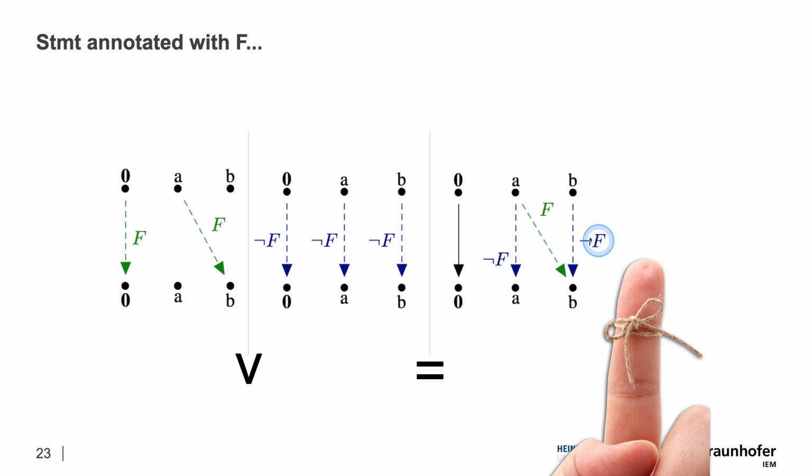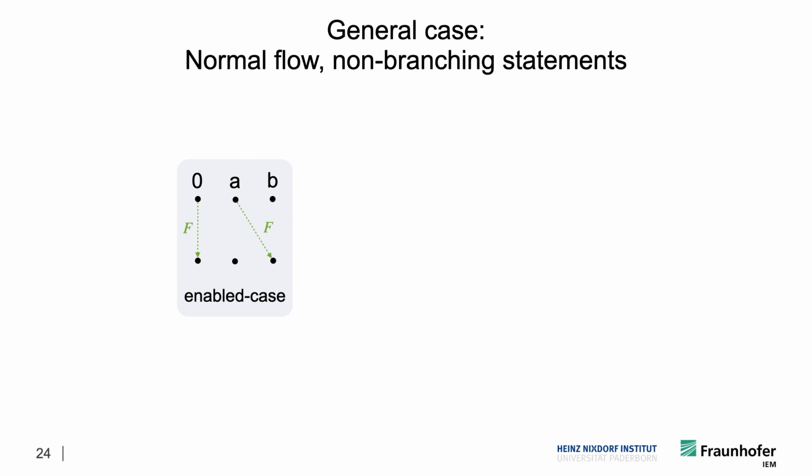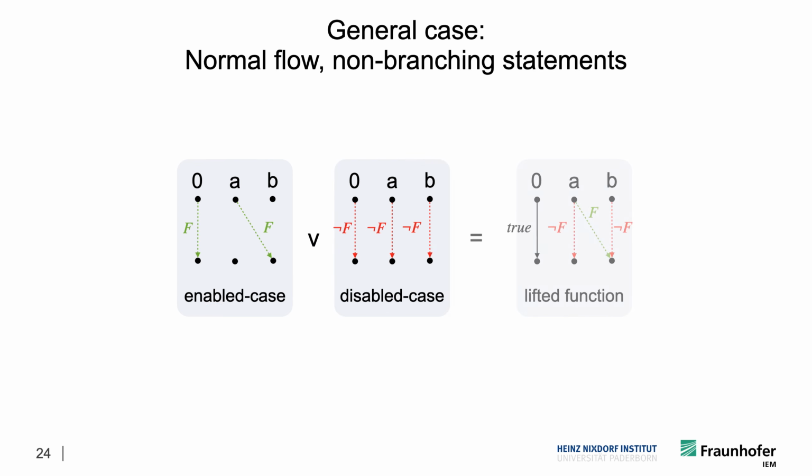Now this is the very simple case for a normal flow function, which you can also see here, right? So in the general case for a normal flow function and non-branching statement, you have this enabled case and you have this disabled case, and then you take the disjunction and you get this lifted flow function.